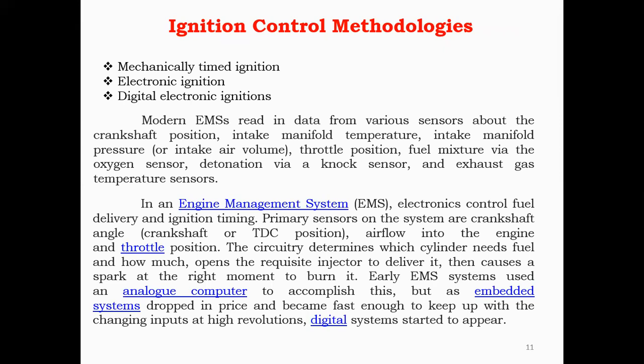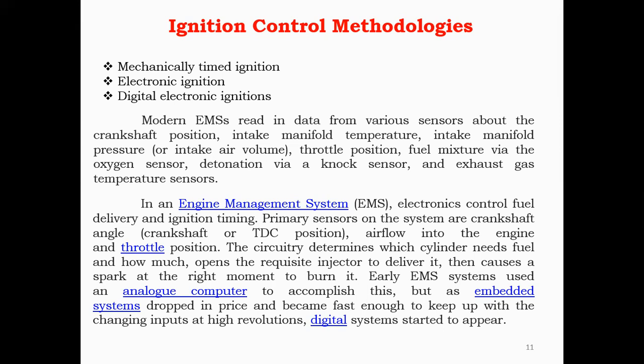In an engine management system, electronics control fuel delivery and ignition timing. Primary sensors on the system are crankshaft angle, airflow into the engine, and throttle position. This circuitry determines which cylinder needs fuel and how long to open the injector to deliver it, then causes a spark at the right moment to burn it.